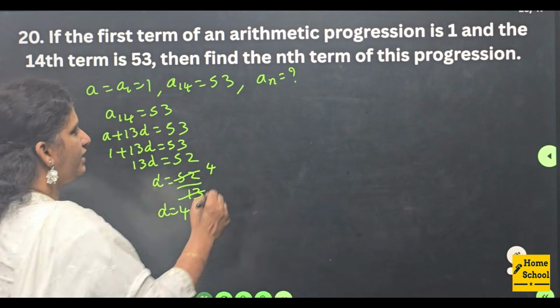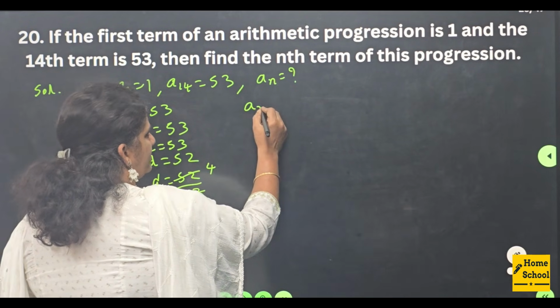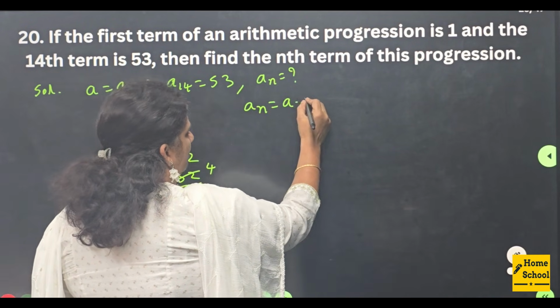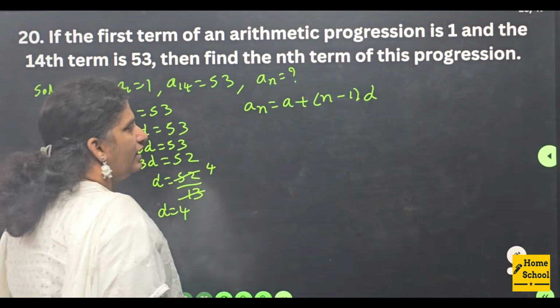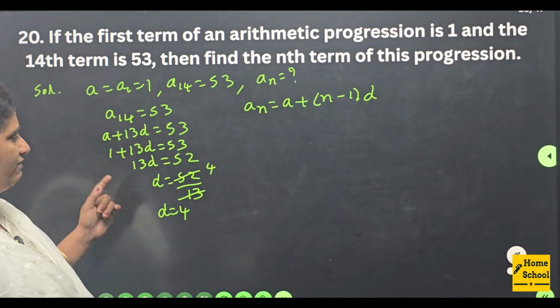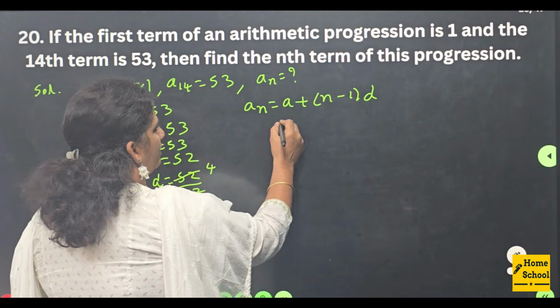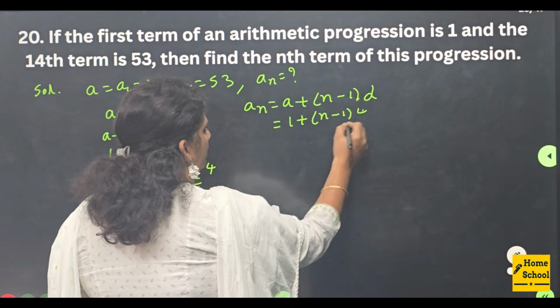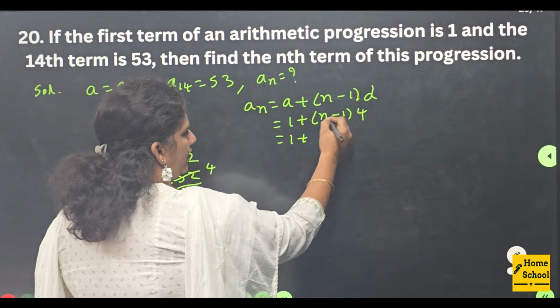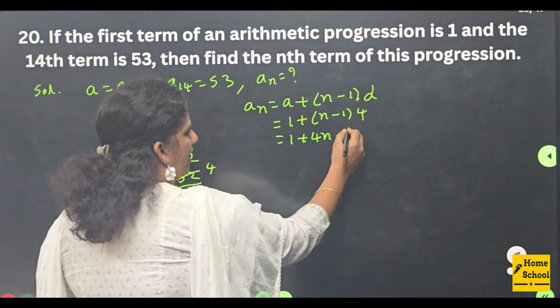Find the nth term. The nth term formula is an is equal to a plus n minus 1 into d. In this, substitute a value and d value. a value is 1, d value is 4. 1 plus 4 into n, 4n minus 4.